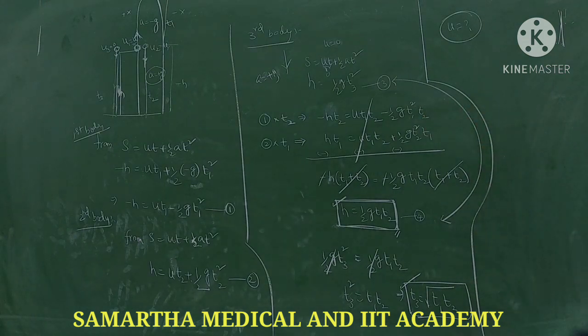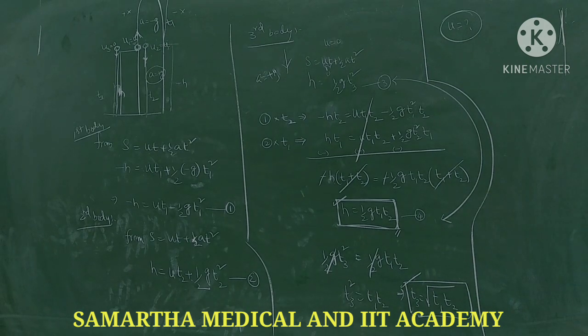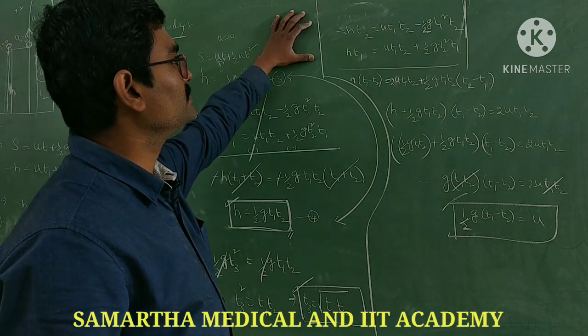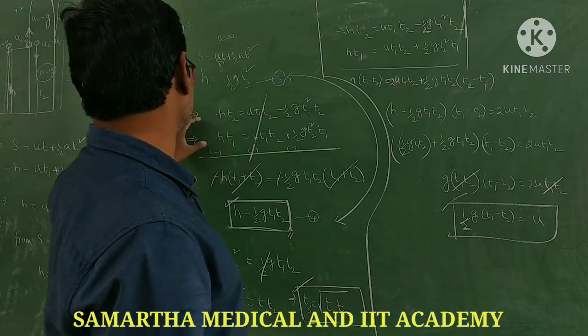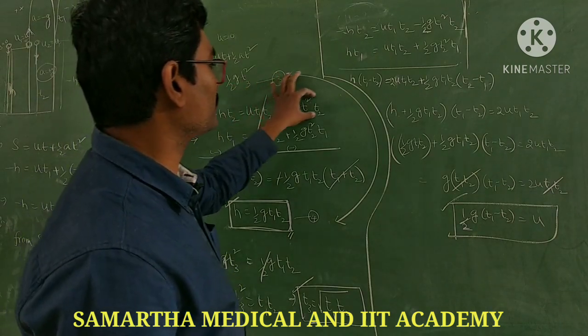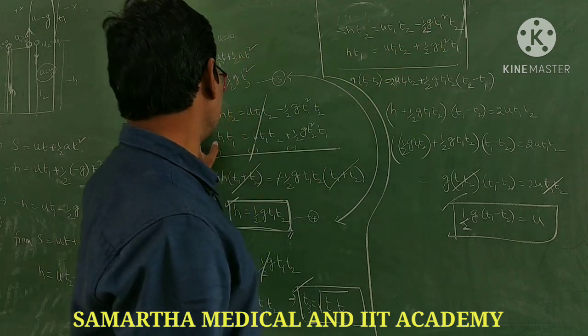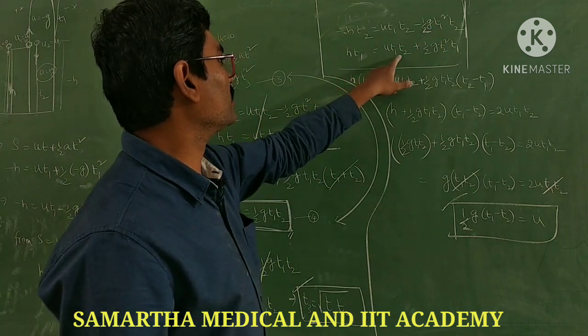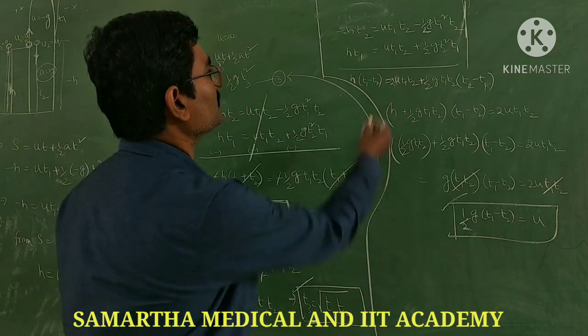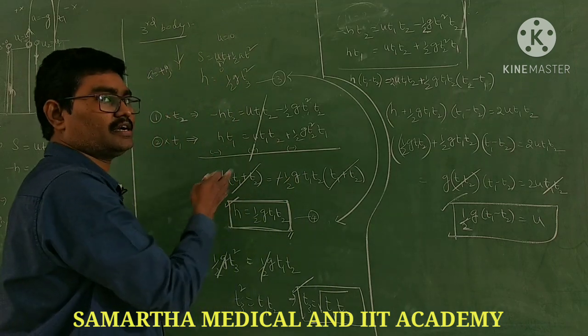From the earlier equations, minus h t2 is equal to u t1 t2 minus half g t1 square t2, and this equation is h t1 is equal to u t1 t2 plus half g t2 square t1. So what I did is just add. Previously we subtracted, now we are adding.